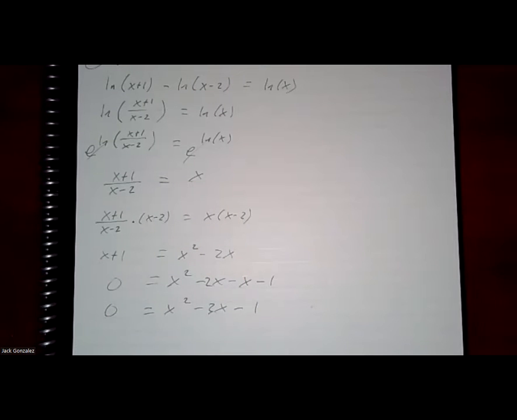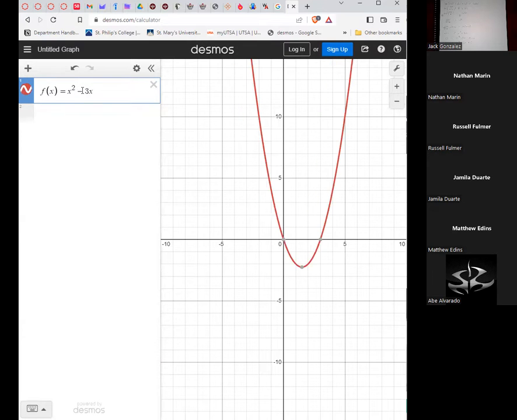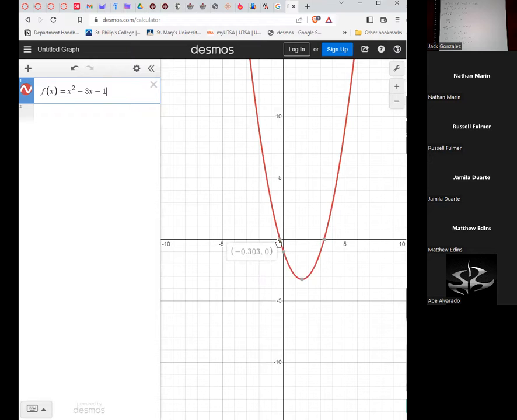But something you could do to save yourself some time is graph it first and see what the solutions are. If you have a graphing calculator, you can just check yourself. I'm not saying you need one, but it looks like the solutions exist, so I'm going to go ahead and solve it.